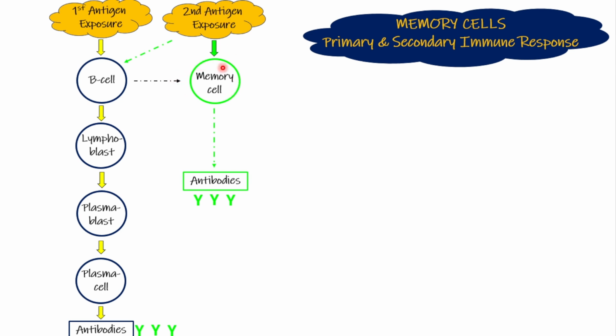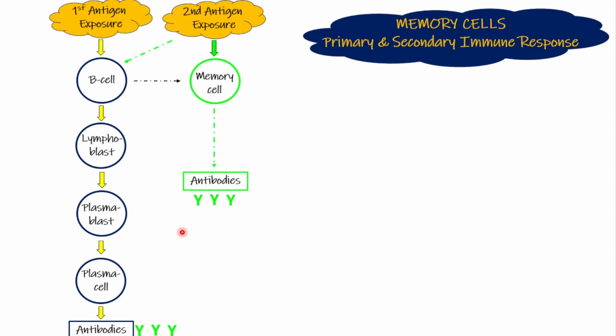This memory cell will be converted into a plasma cell way more quickly than a normal B cell is. So this pathway is way faster, as well as way stronger.